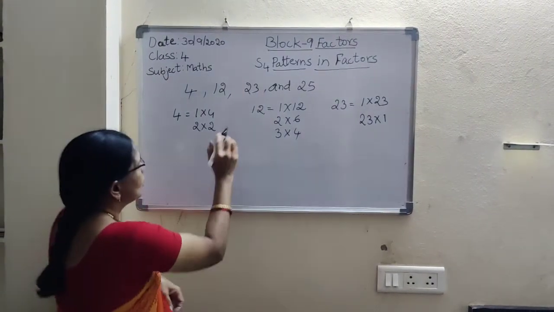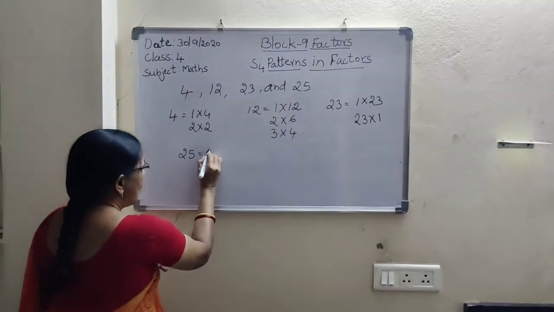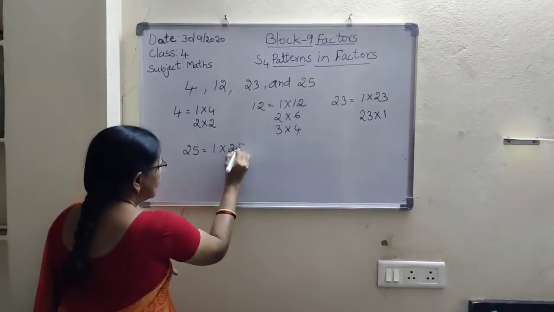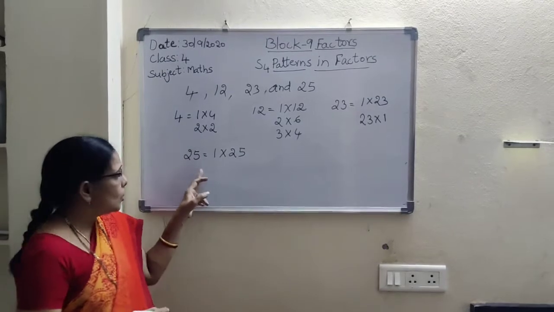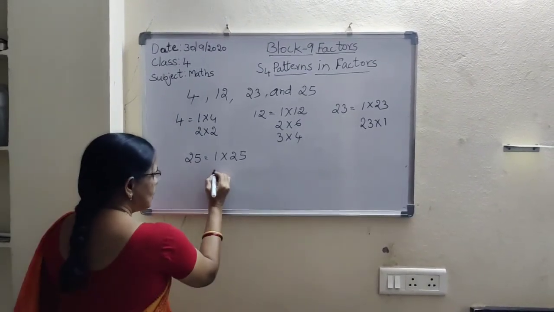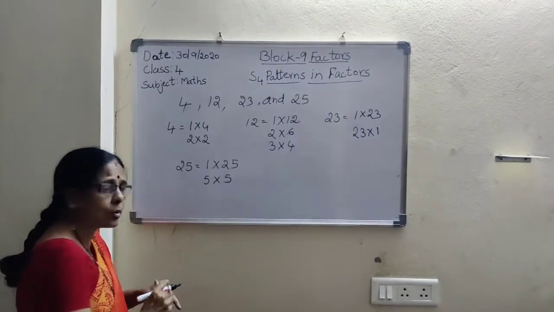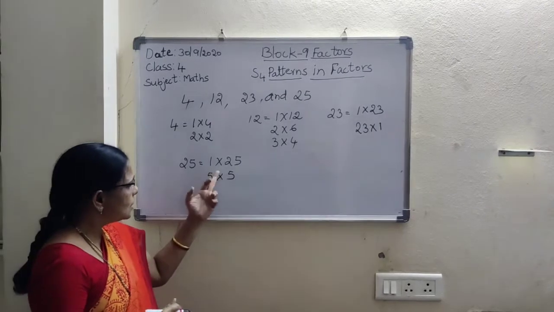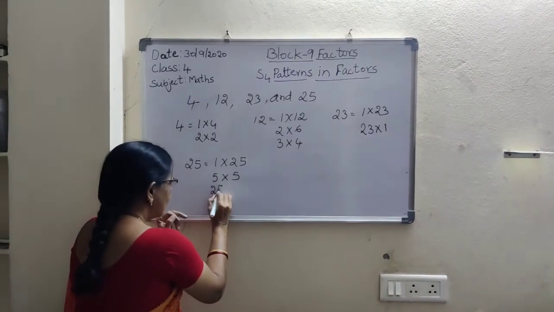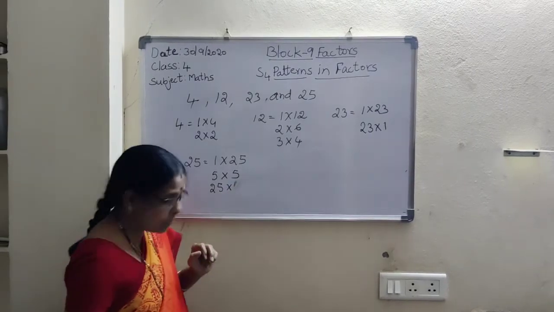Okay, next 25. So 1 25s are 25. 2 table, will it go, children? No. 3? No. 4 also? No. 5? Yes. 5 5s are 25. Next 25 ones are 25.